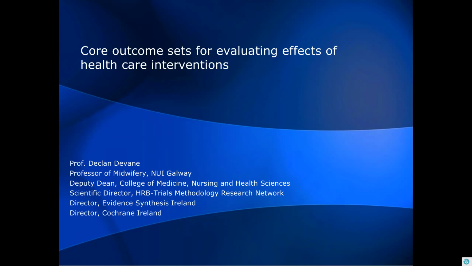Declan led his first core outcome set in 2006 and is or has been involved in over a dozen core outcome sets, including, for example, pre-pregnancy care of women with pre-gestational diabetes, fetal growth restriction, induction of labour, postpartum haemorrhage, and cardiac surgery trials. He's also contributed to the methods of the development and reporting of core outcome sets. So there's quite some CV there. Today, Declan's going to speak about the core outcome sets in randomised trials.